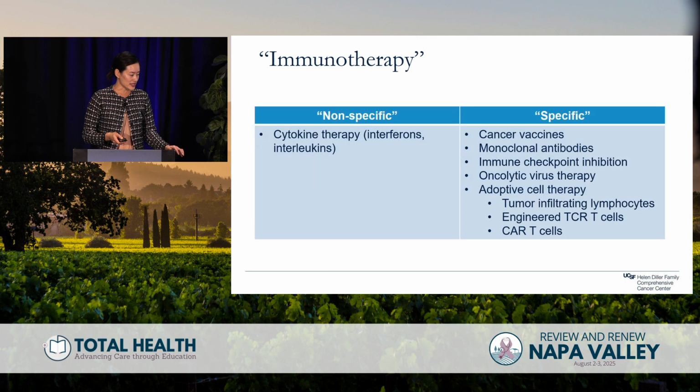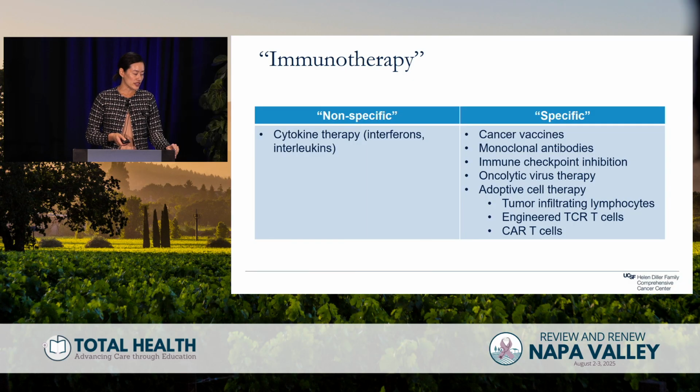So jumping into things, all of us who treat patients are well aware that the word immunotherapy is very broad and includes a lot of different kinds of drugs. Broadly speaking, immunotherapy, of course, refers to cancer-related treatment that helps to augment the anti-tumor immune response, and that can include non-specific or non-targeted therapies such as interferons, interleukins, etc. Specific or more targeted immunotherapy can include a number of things, as you can see on the right side of this table.